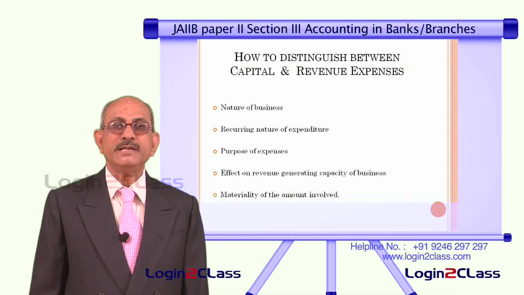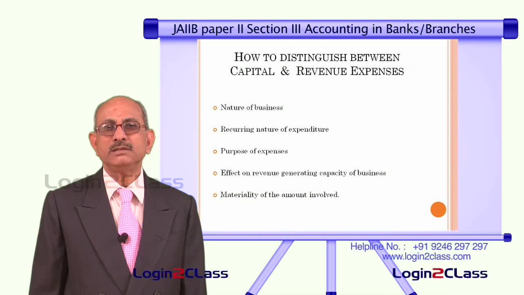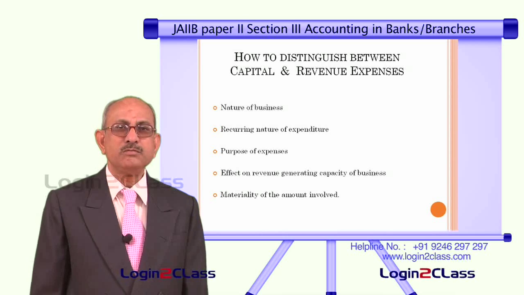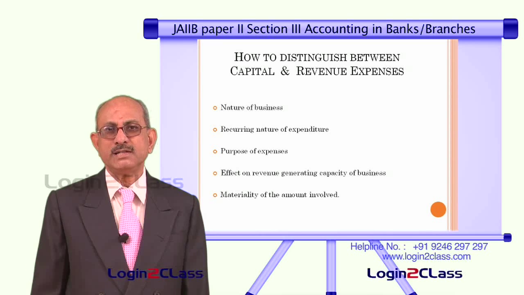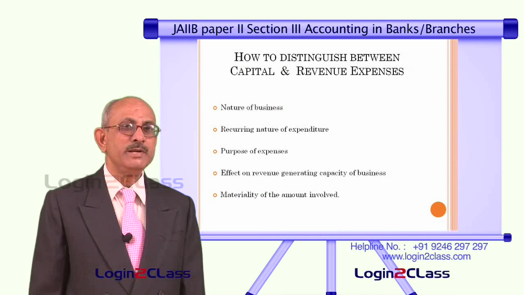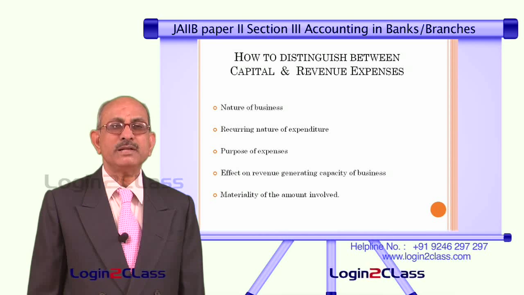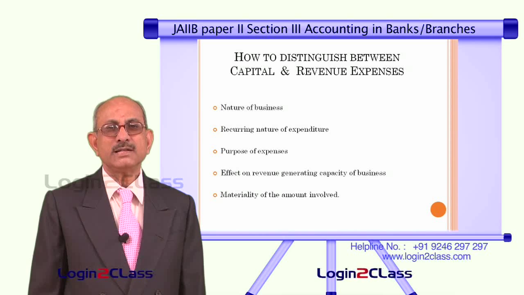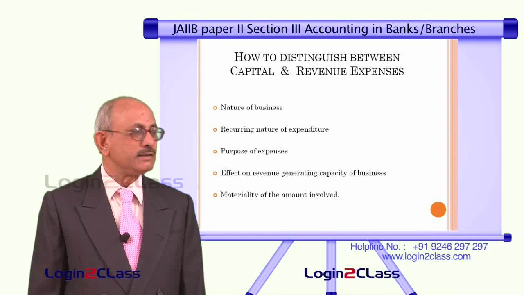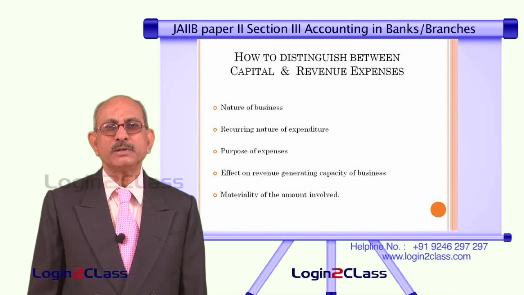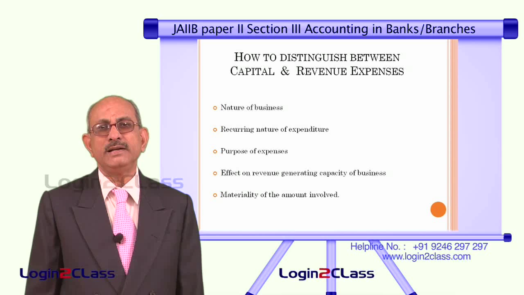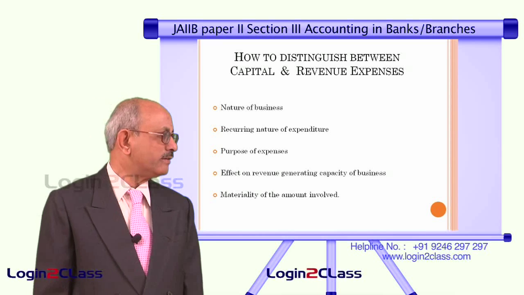Similarly, materiality of the amount involved. So, this goes by the concept of materiality. As we considered earlier, materiality means the significance of that particular amount on the transaction. So, the same amount could be material in respect of one entity and need not be material in respect of another entity.